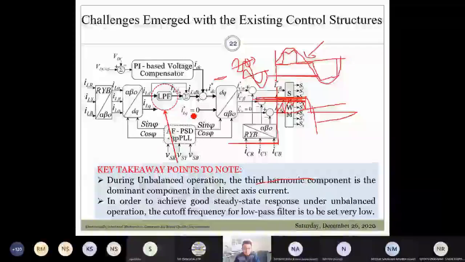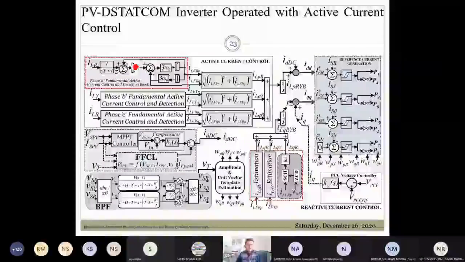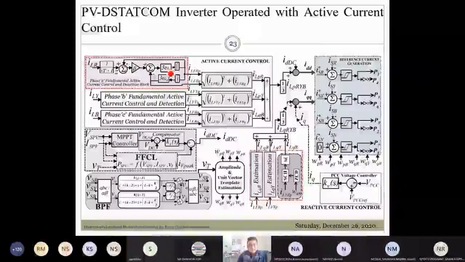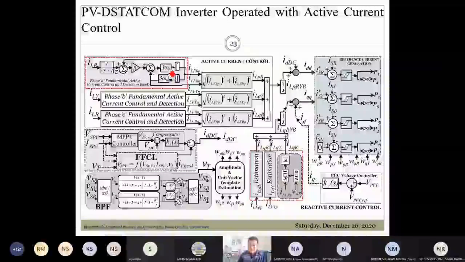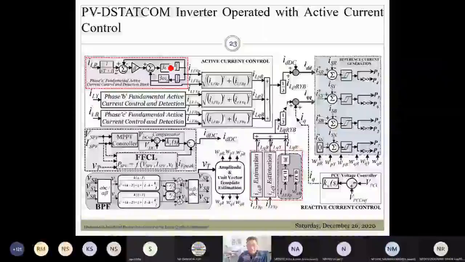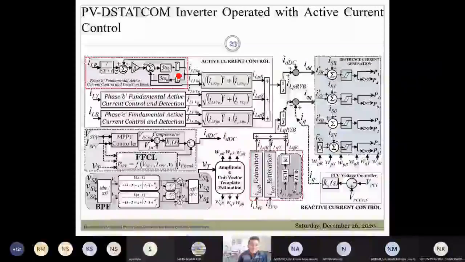To address this detriment, what have I done? Please pay attention at this point. I have tuned this filter for the third order harmonic component, so it will introduce infinite gain at the third order harmonic component. It rejects the third order harmonic component, and thereby minimizes the steady state errors in the output current. As a result, I do not have to keep the cutoff frequency of this low pass filter very low.